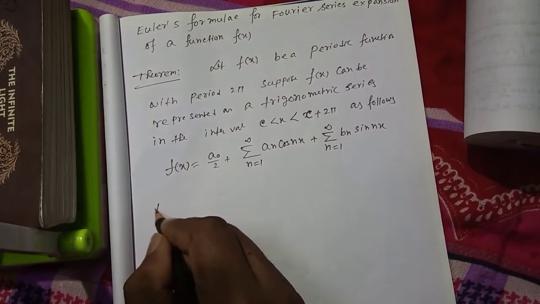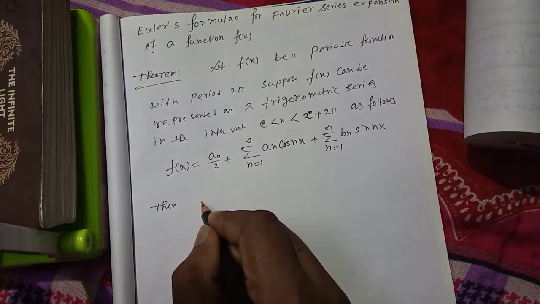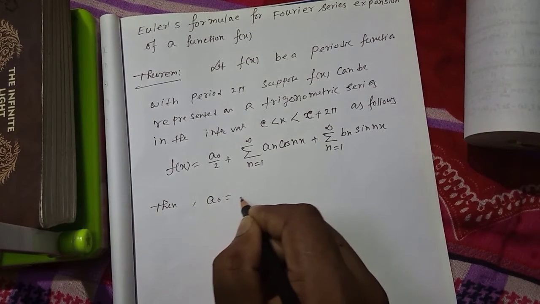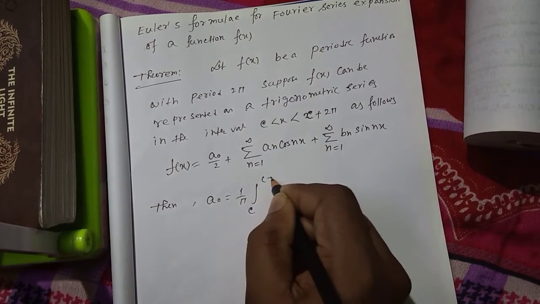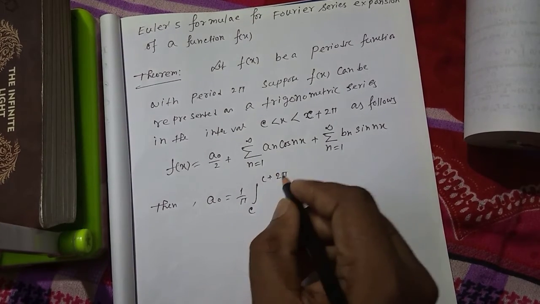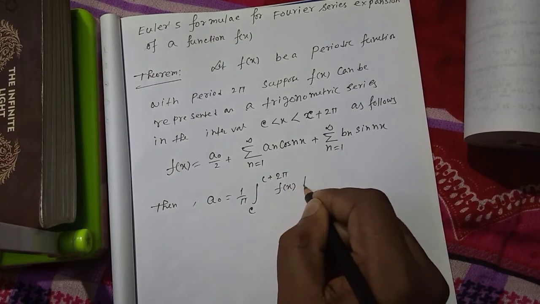Then a0 = (1/π) times the integral from c to c + 2π of f(x) dx.